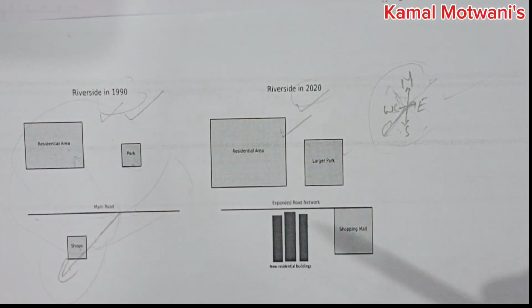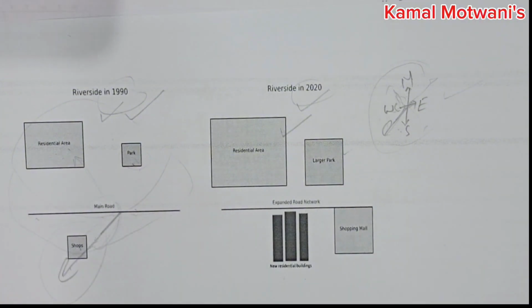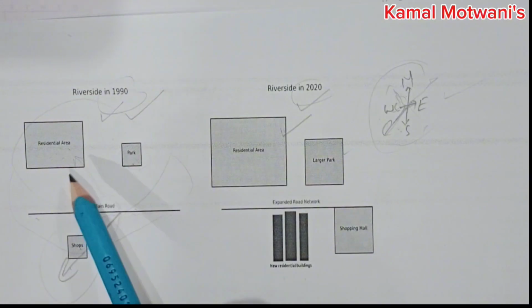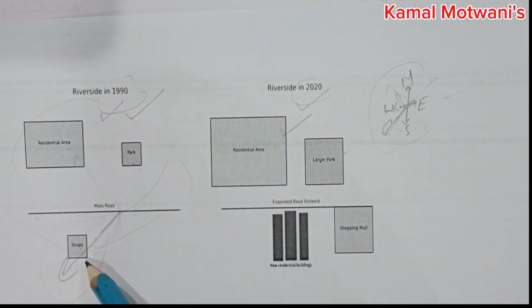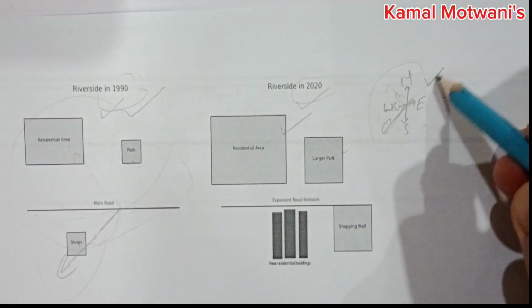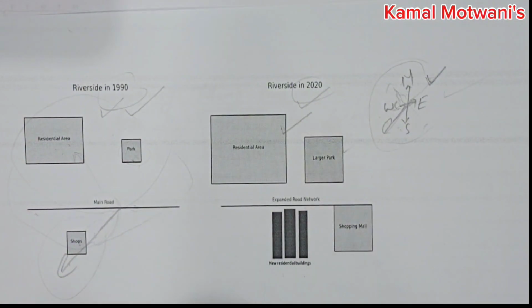When you utilize this information in accordance with the directions, it impresses the examiner, and the examiner gets to know that you are well versed with the things, rather than writing there is a residential area, there is a park, there is a small shop. The examiner will not give you a good band at all. So you need to bring something into your writing task that impresses the examiner. So do utilize the directions very aesthetically.